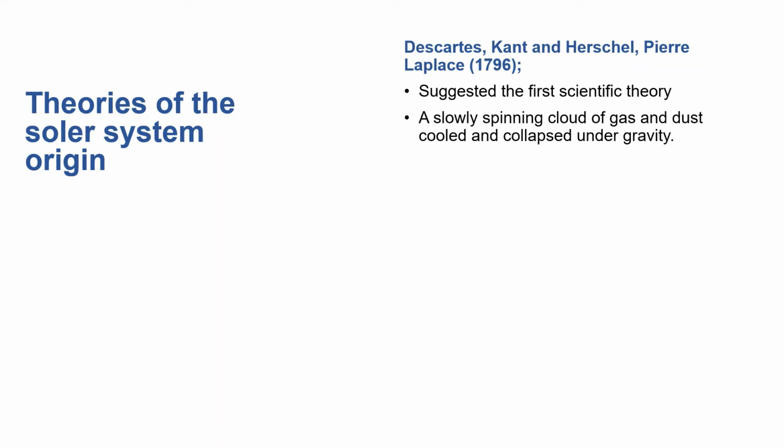They supposed that slowly spinning clouds of gas and dust cooled and collapsed under gravity. As it collapsed, it spun faster and flattened along the spin axis.